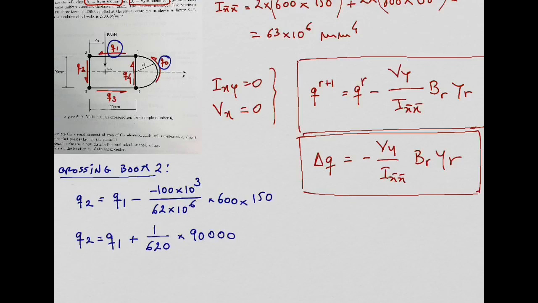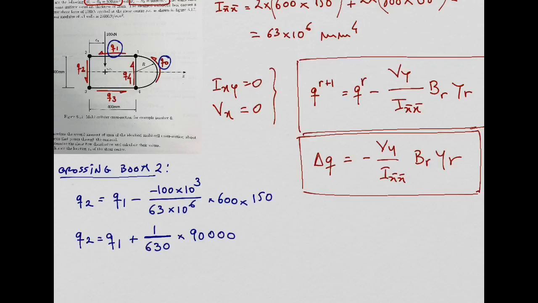Someone said something. This one here? So what I did was, we have 10 to the power 5 in the numerator, right? Oh, it's okay, sorry. I put 62 for some reason. So this should be 63, not 62, right? So this will be 630. Okay, yeah, you're right.